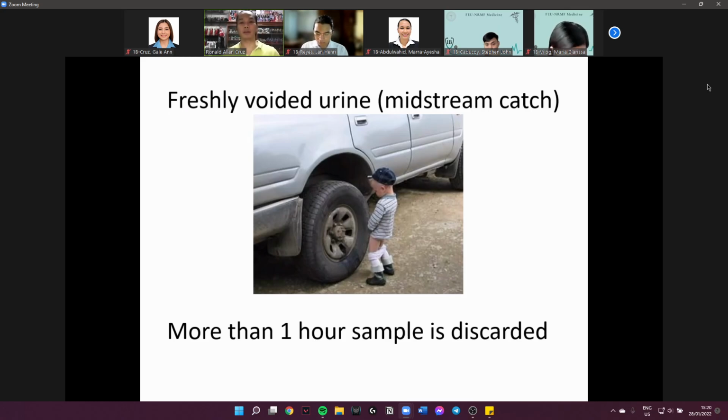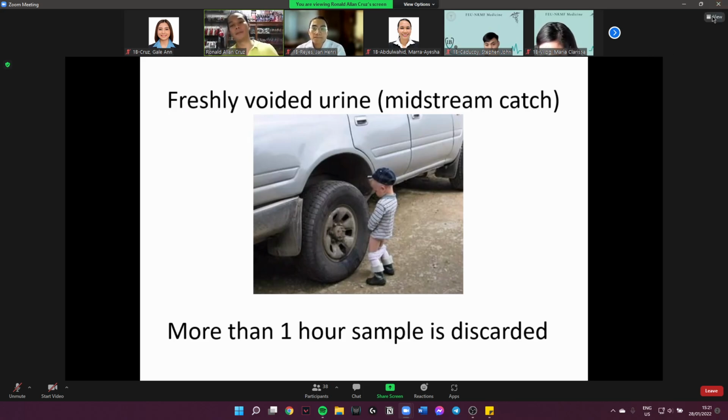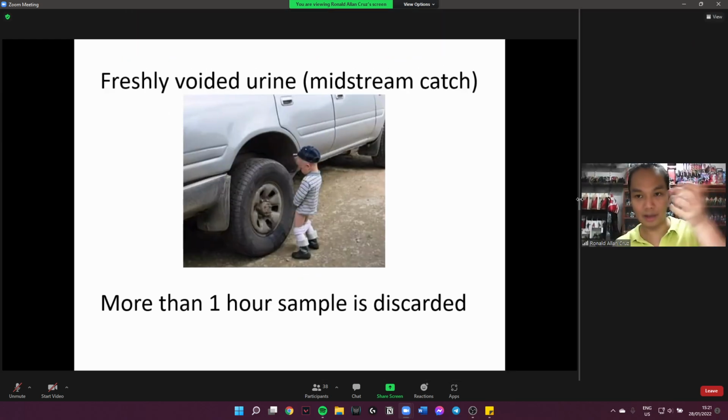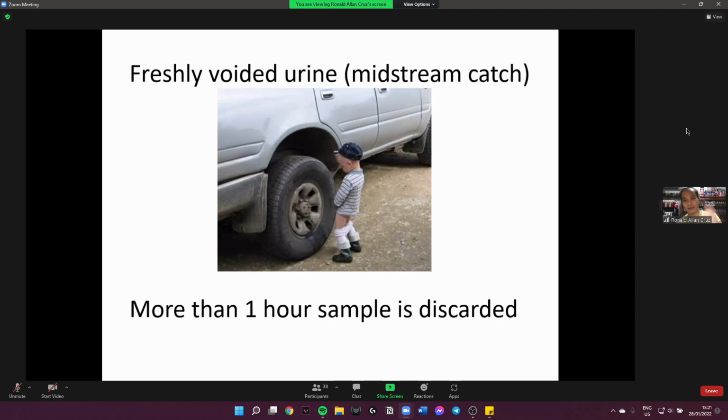When you tell your patient to do midstream clean catch, what you essentially do is allow the individual to void, or remove the first few ml from the urine stream, and then using one hand and holding your cup, you get a urine sample. So don't pause in between, and then once you have an adequate amount already, you discard the last few ml.